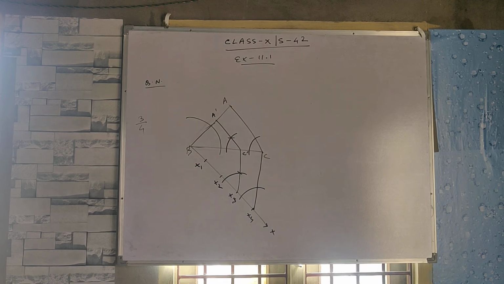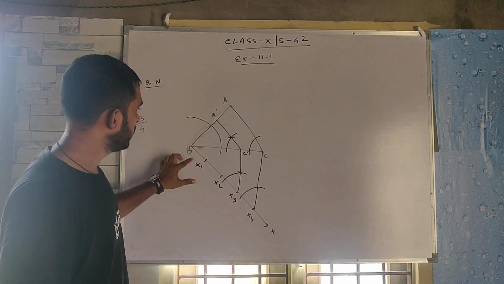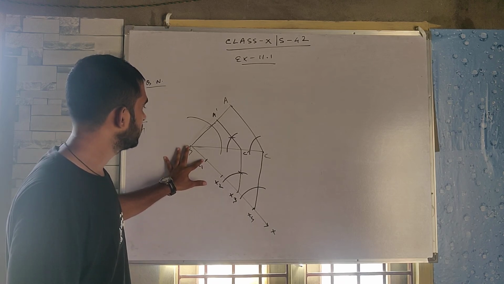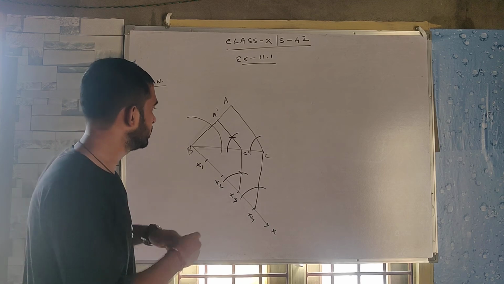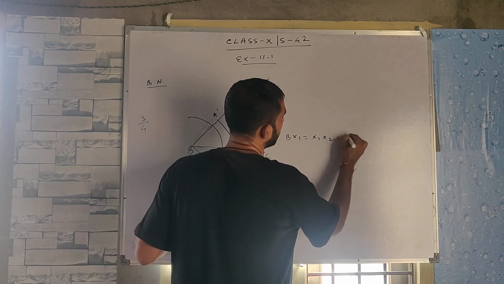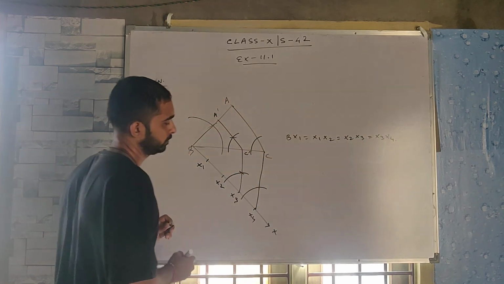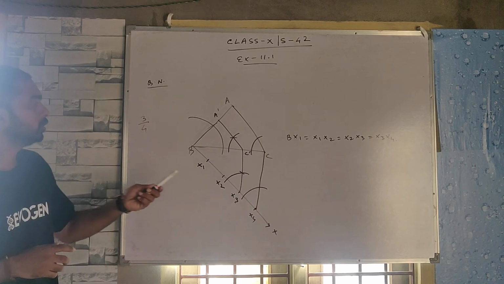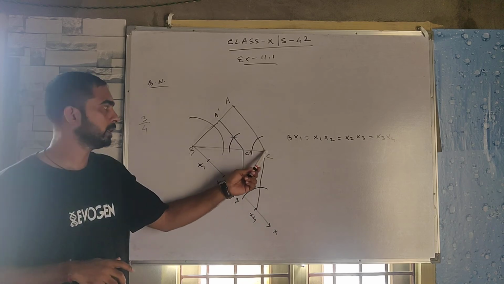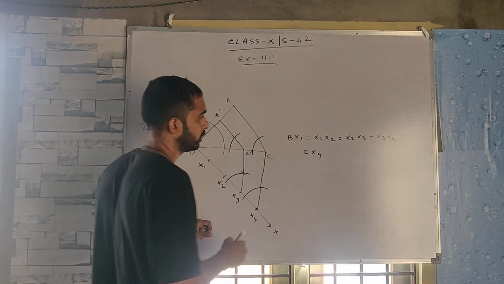Then next step, take 4 points on BX such that BX1 equals X1X2 equals X2X3 equals X3X4. Then join CX4.